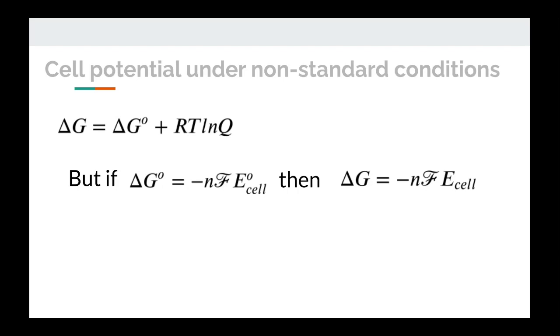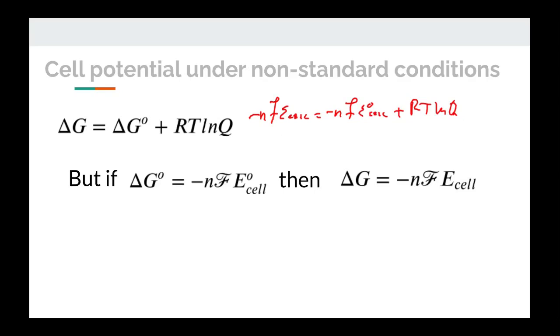It's not at standard conditions. So let's substitute. So delta G is minus n times Faraday's constant times the actual cell potential. Delta G naught is minus n times Faraday's constant times the standard cell potential, plus R times T times the natural log of Q. We want to know what the cell potential is under some non-equilibrium, non-standard conditions.